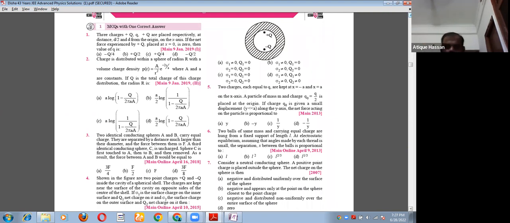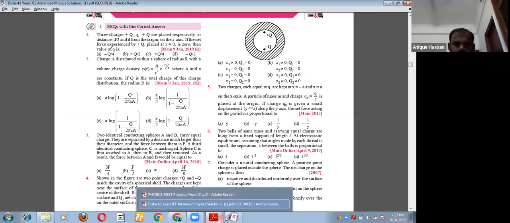I think, since the induced charge will also be equal and opposite, the net charge will always be 0, because here we have plus and minus charges of equal magnitude. Yes, C is the correct answer. Have you got it?